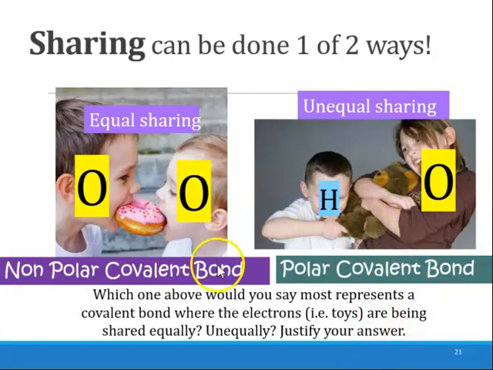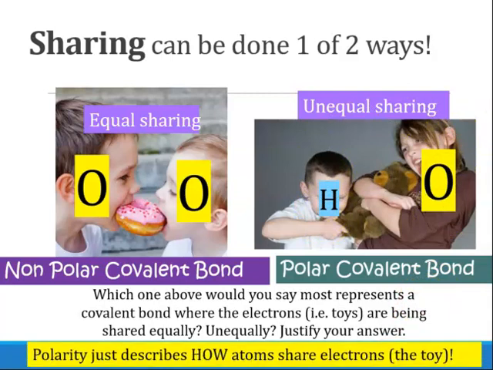So a nonpolar covalent bond between 2 atoms of oxygen, a polar covalent bond between a hydrogen atom and an oxygen atom. So polarity just describes how atoms share electrons. In this case, the donut, in this case, the stuffed toy.